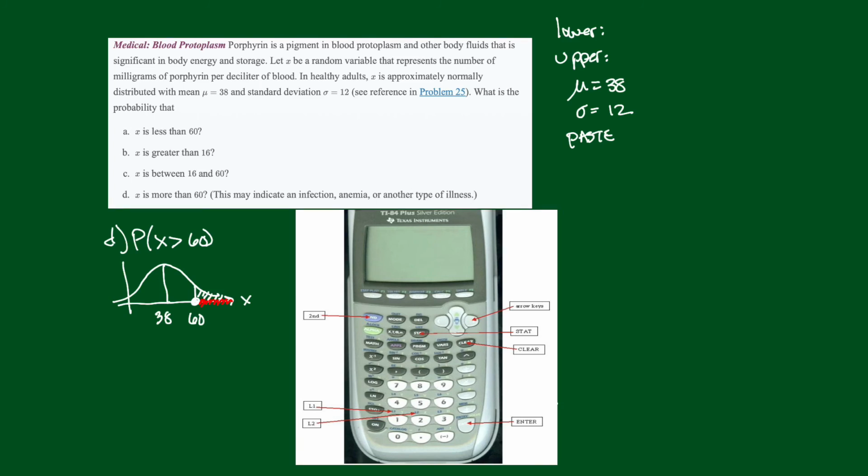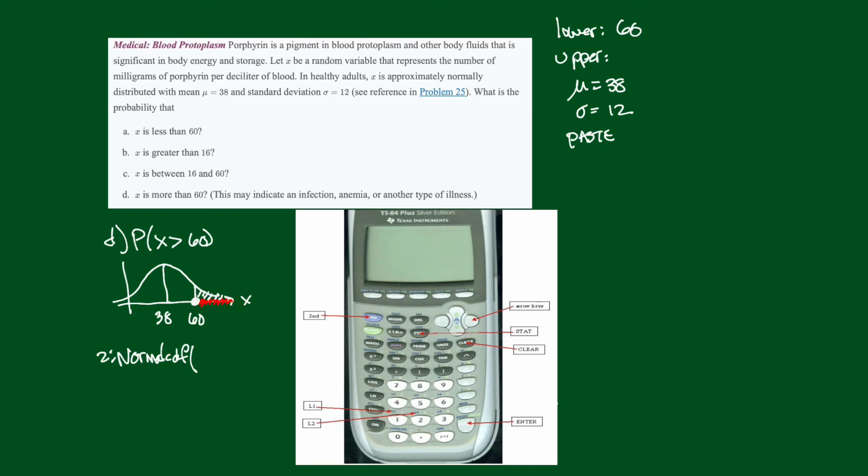So what are you going to do? You're going to go get number 2, right, which is normalCDF. So second vars, select normalCDF, all right, and it's asking you for the lower bound. Now the lower bound is 60. What's the upper bound? Now the upper bound, see what we're doing? We're going off to infinity, so remember how to do that infinity?